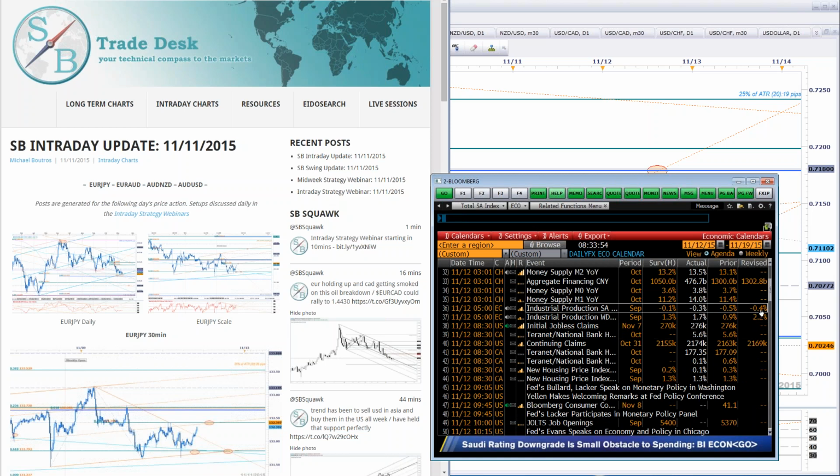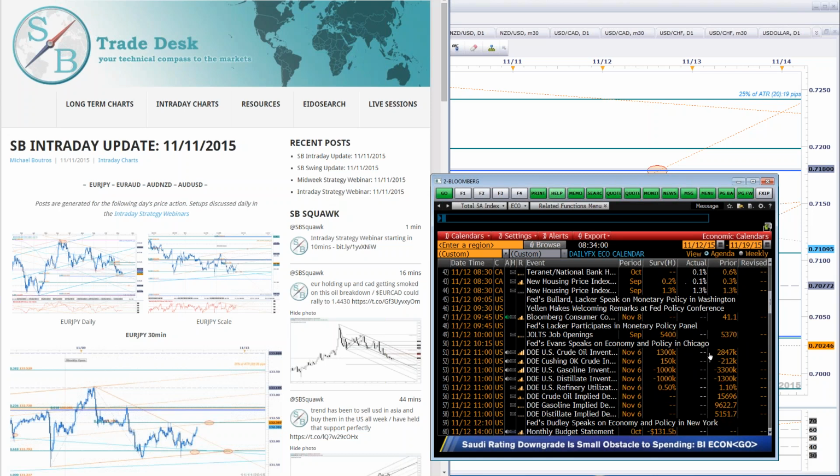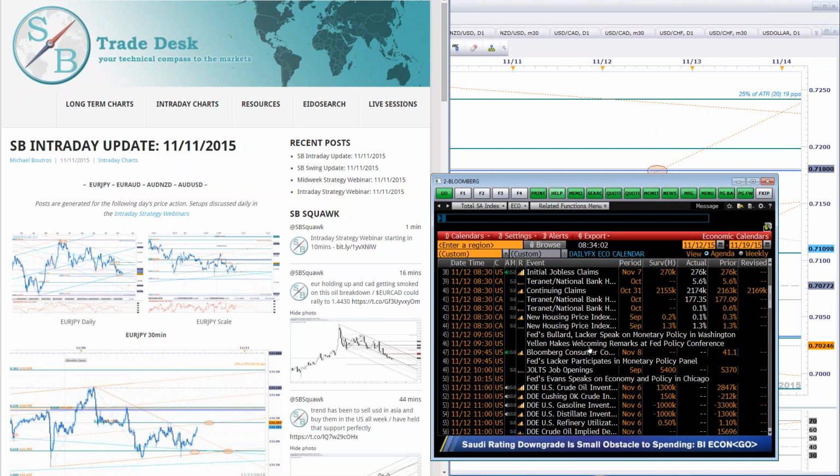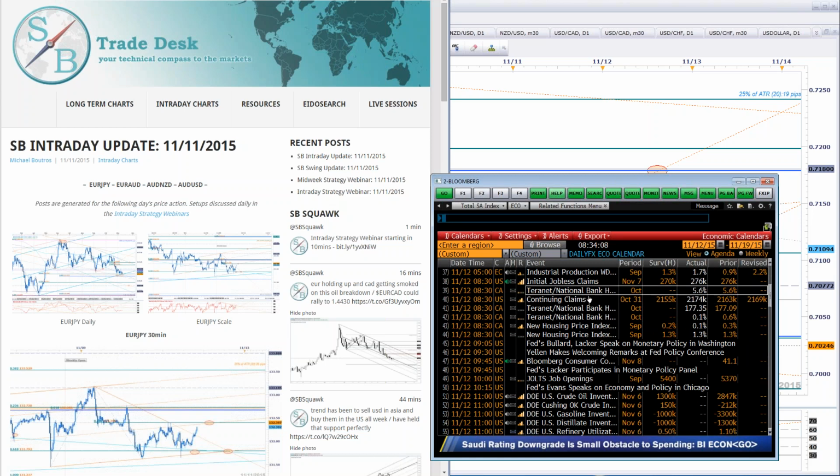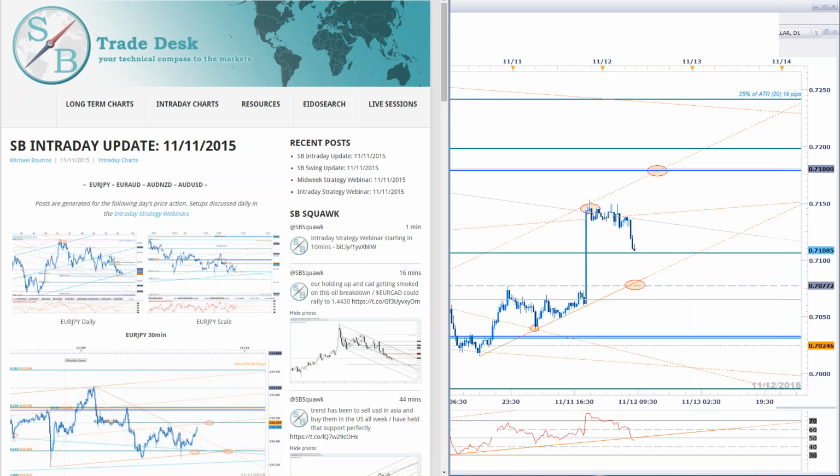Either way, you saw upward revisions to the previous month, so that helped a little bit as well. Into the United States, we just got the release of jobless claims, and those coming out a little bit higher. So here's what the dollar looks like on the index.